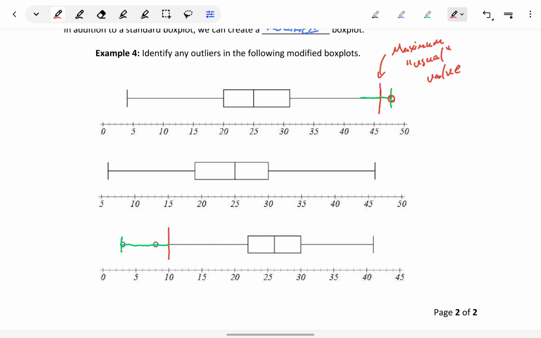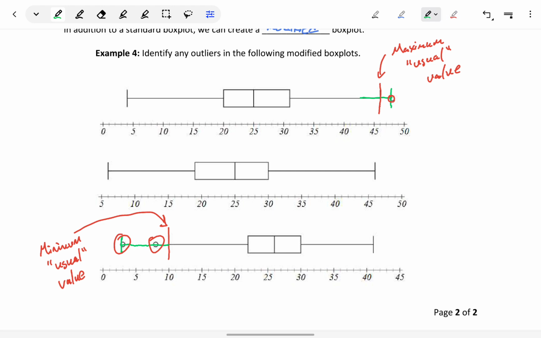But instead, the modified box plot brings that fence in to reveal what we refer to as the minimum usual value. Since that's the breaking point for our usual values, anything beyond that, in this case on the low end, would be an outlier. So we have 2 outliers occurring on the low end in this third graph.